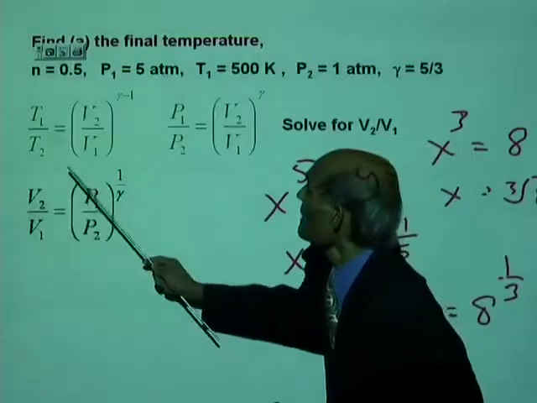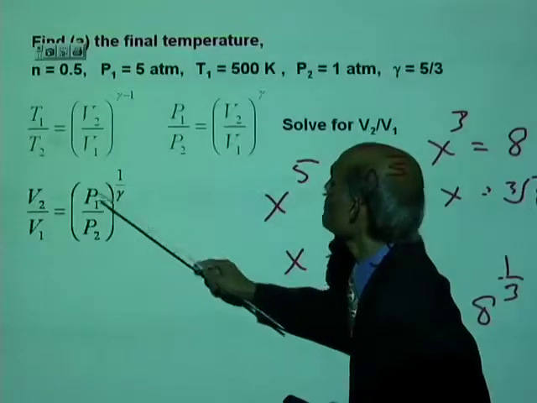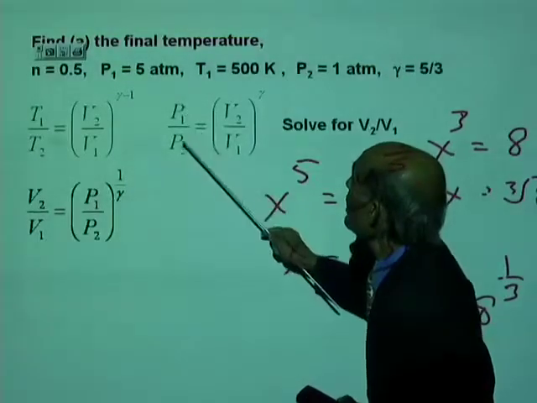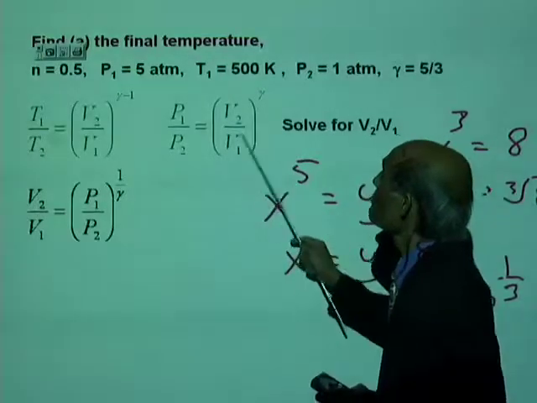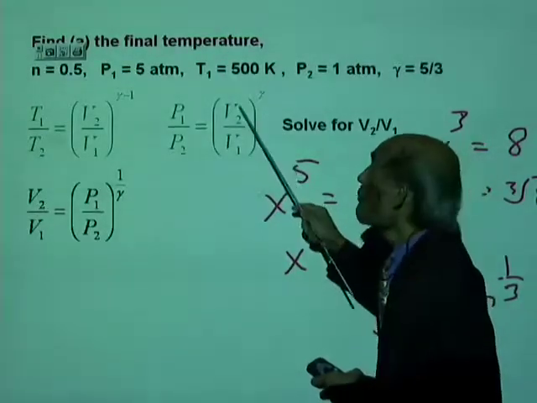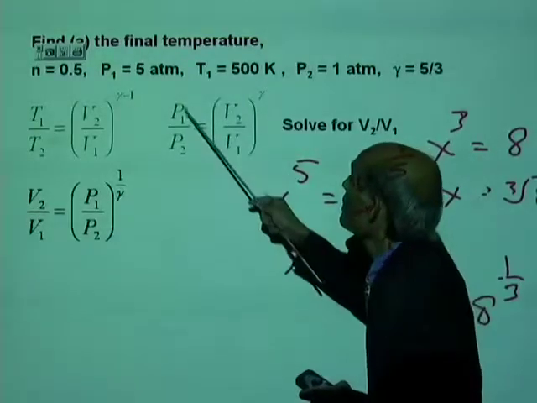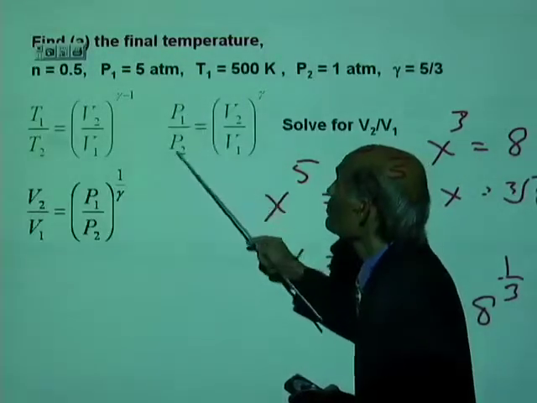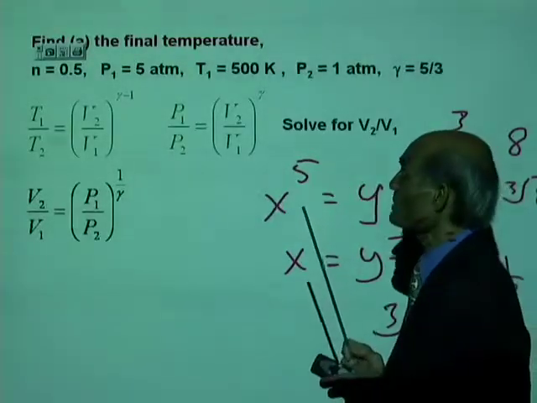Now, we have P1 over P2 equal to V2 over V1 raised to the power of gamma. Therefore, V2 over V1 will be equal to P1 over P2 raised to the power of 1 over gamma. Very important relation.